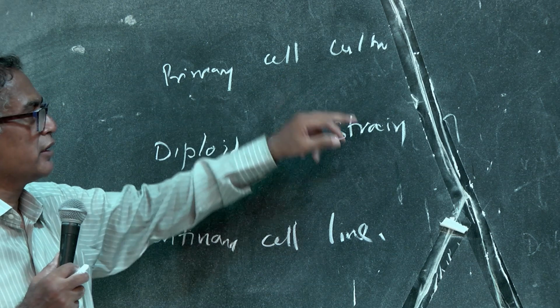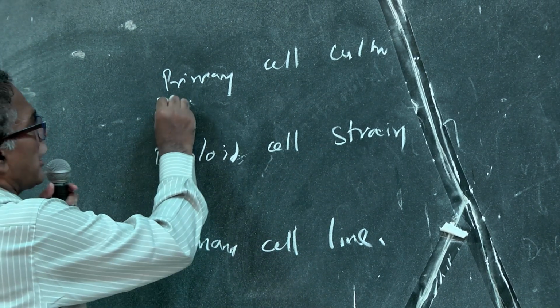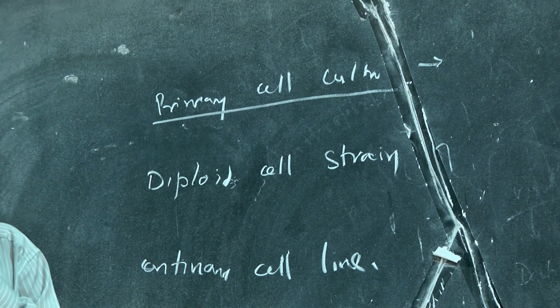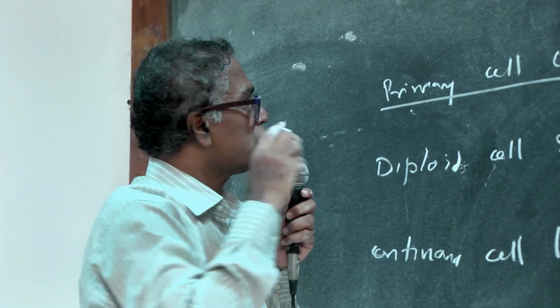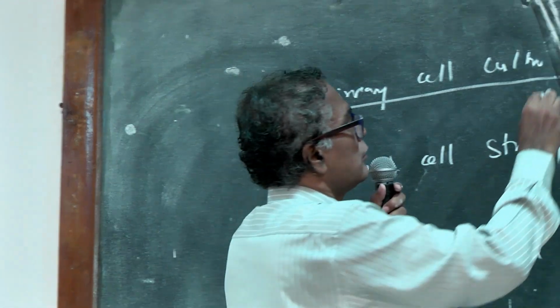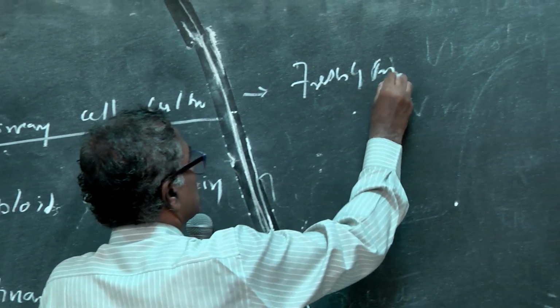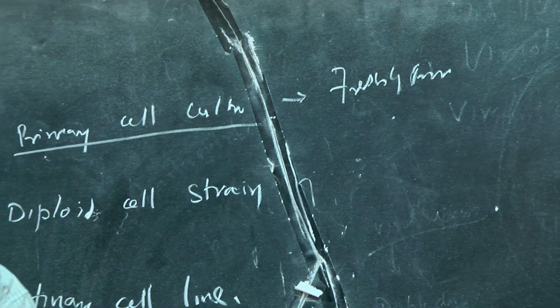It is a culture, it is a strain, it is a line. The primary cell culture is usually used for the primary isolation of the virus and for vaccine production. Here, the cells are derived freshly from the body.